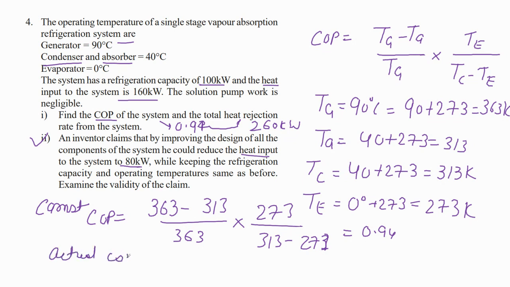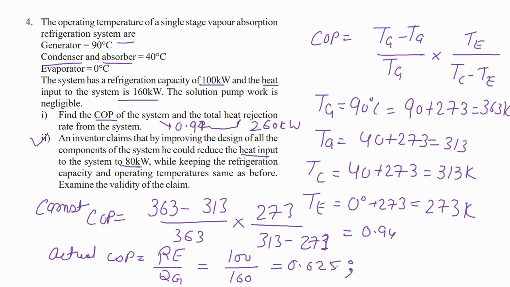Actual COP is equal to refrigeration effect divided by heat input into the generator. The refrigeration effect is 100 and the heat input in the generator is 160. So actual COP is 100 divided by 160, which comes out to be 0.625.